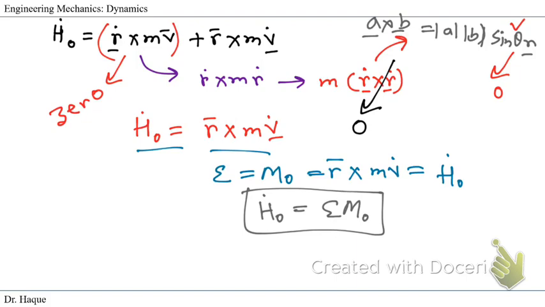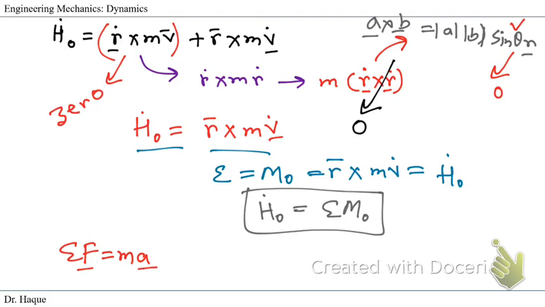So this leads us to another formulation of the equation. We know from our equation of motion that the summation of all force equals ma, where a is acceleration. If F is a vector, then acceleration has a direction.